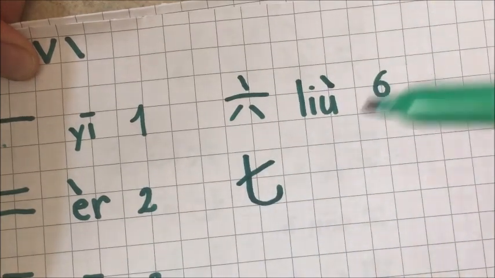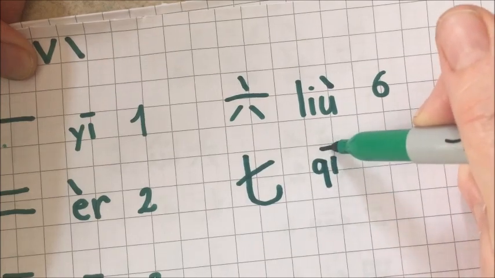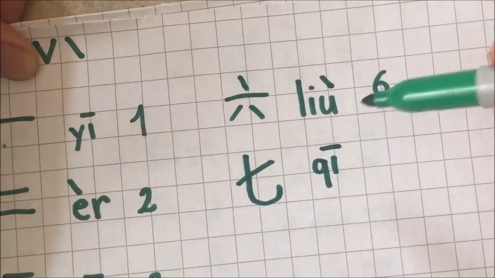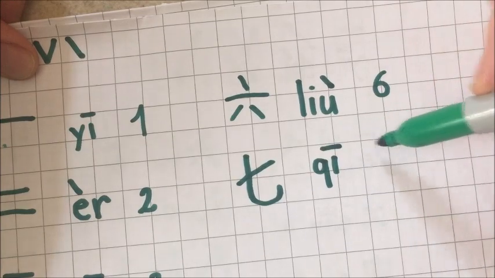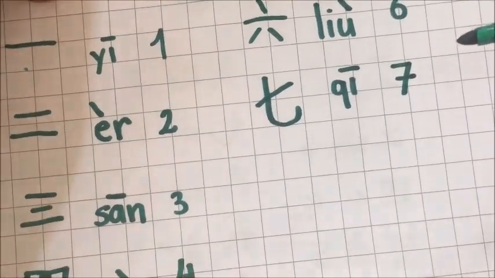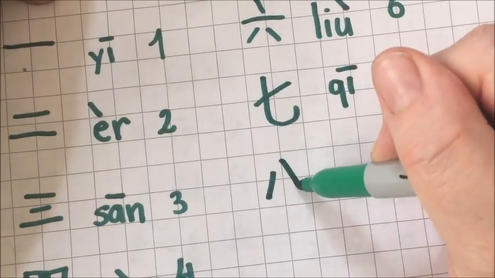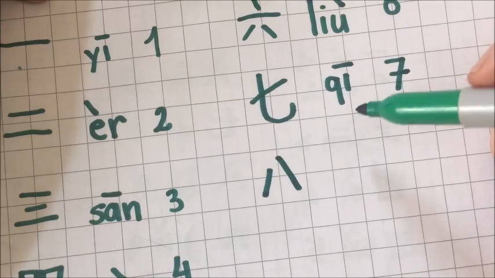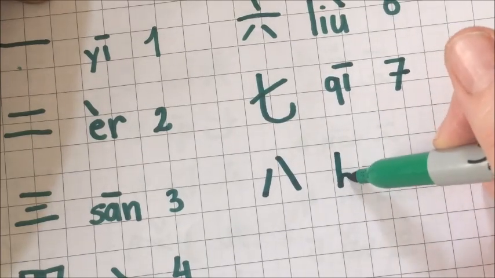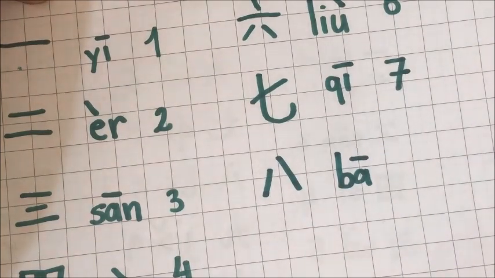This is number 7, and it's pronounced qi, and it's accent number 1. Also, number 8 has accent number 1. It's simply 2 lines, and it's pronounced ba.